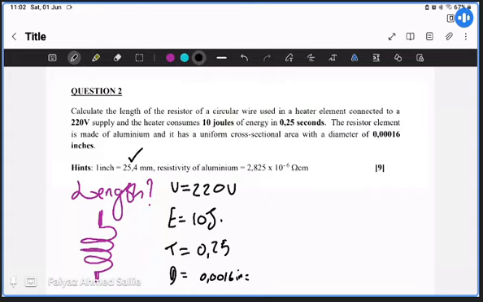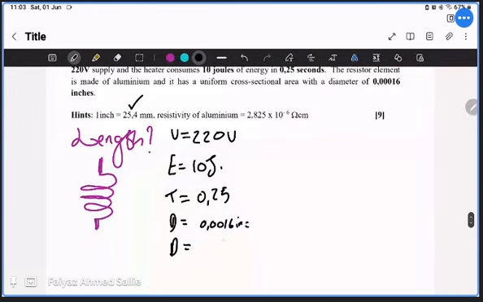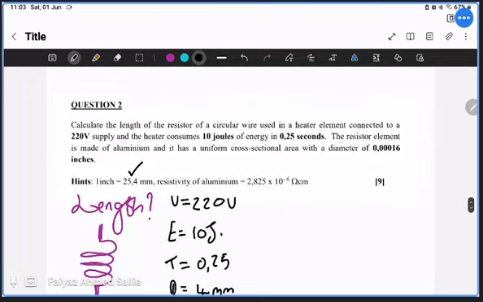And then we have a value of, let me just change this engineering notation to 0.064, 4.064 millimeters. Okay, so we have a diameter of 4 millimeters.